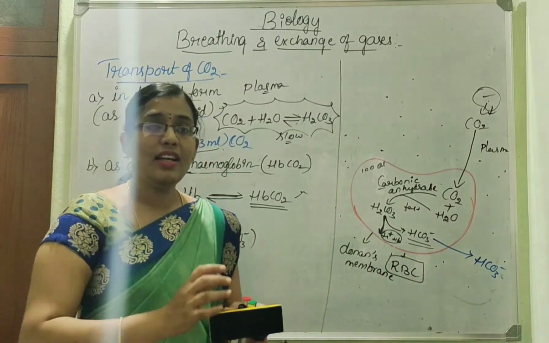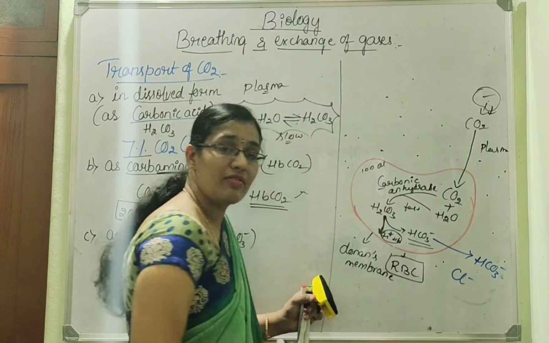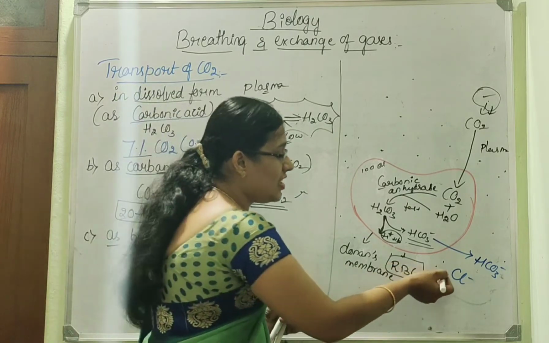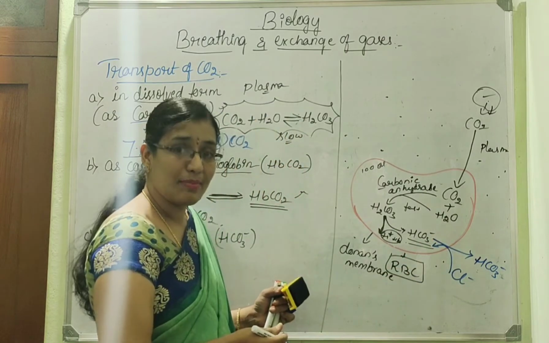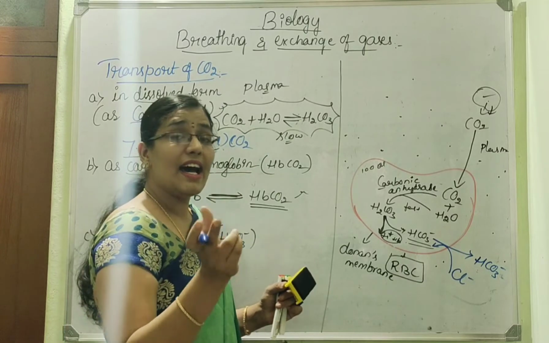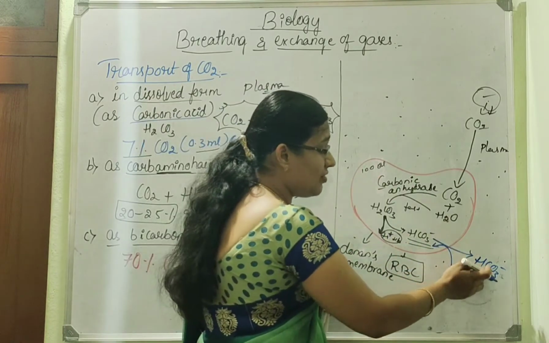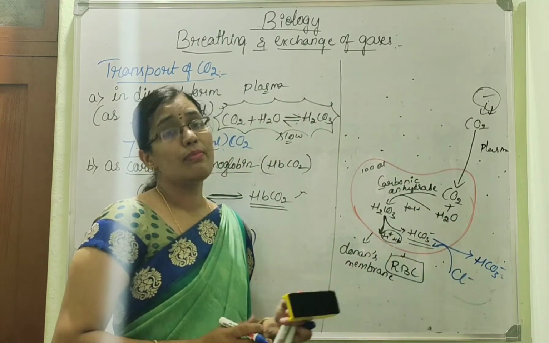So to maintain that balance, what happens? The chloride ions, which are also negatively charged, enter into the RBCs, in opposite direction to the release of bicarbonates.